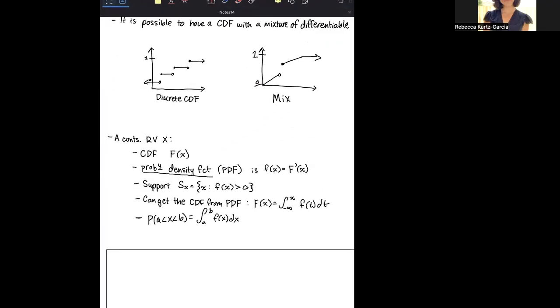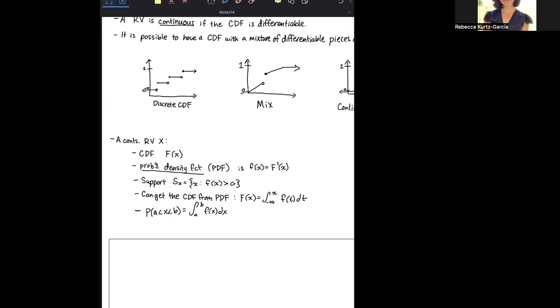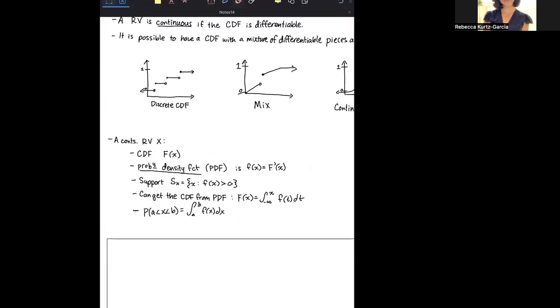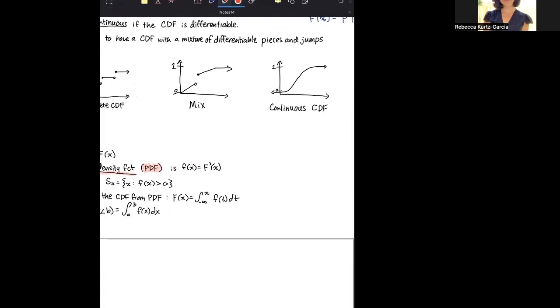So, properties of a continuous random variable. Our CDF still looks like F of x. We also have something called a probability density function. So this is new, and it is abbreviated PDF for short. Its relationship with the CDF is that it is the derivative of the CDF.